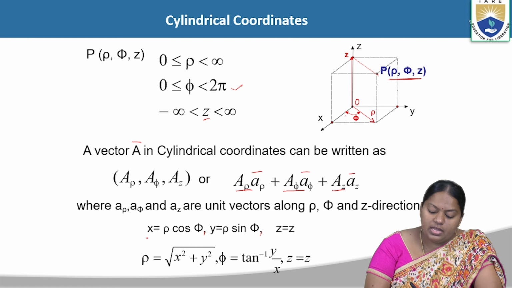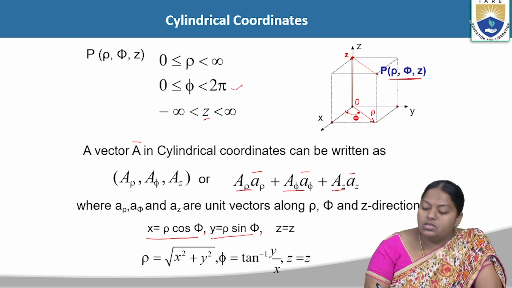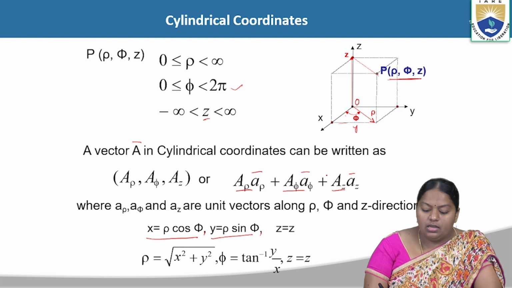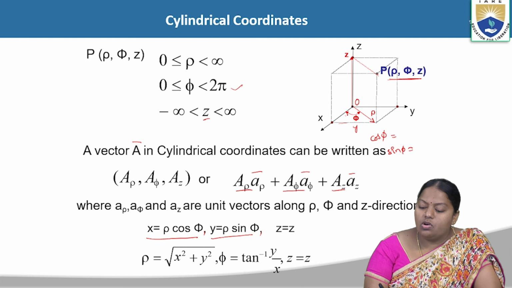Now, how have we written x is equal to rho cos phi, y equal to rho sin phi, and z is equal to z? See, consider this as a triangle. Here the length is given by x and this length is given by y. From this triangle, we will consider the components cos phi, then sin phi, to write the equations. To find cos phi, the cosine of the angle phi, cos phi means adjacent side by hypotenuse.